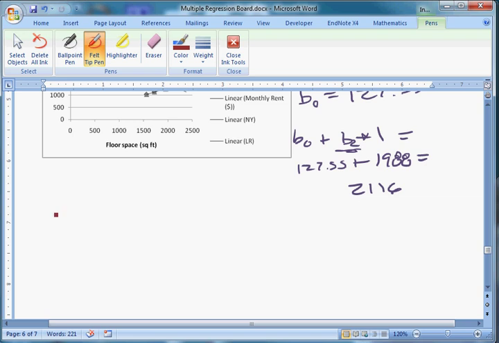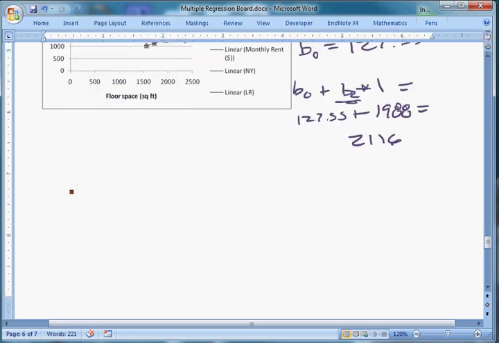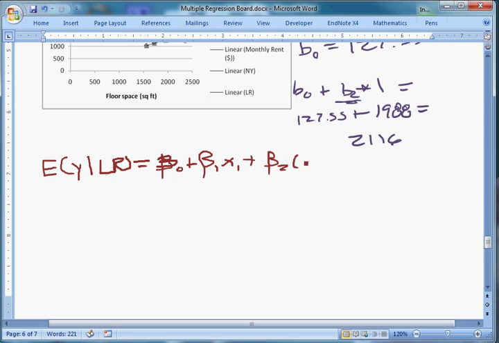So let's look at it. We had the model above. But what we can do is come up with two situations from our model. Our expected value of y from the model in Little Rock is equal to beta 0 plus beta 1 times floor space, which I'll just write x1, plus beta 2 times 0.